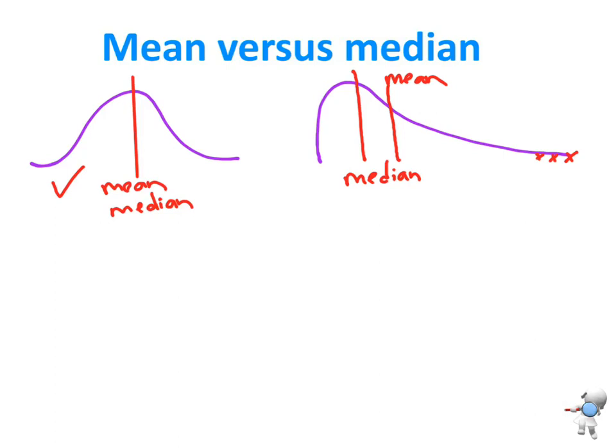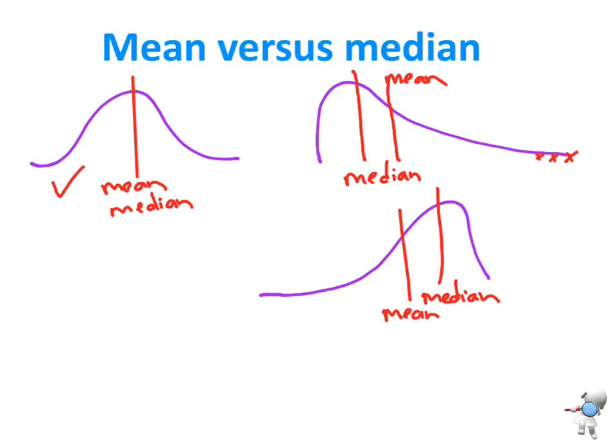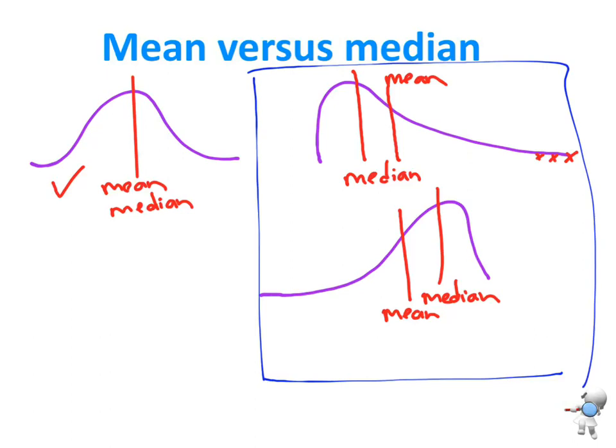Vice versa if I had left skewed data, in that case my median is just slightly to one side of the mode, and the mean is going to get pulled down in the direction of the tail. So in both of these situations, the mean and median are not going to be at the same position.